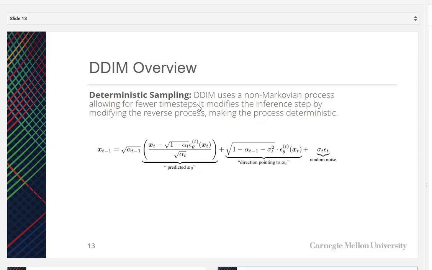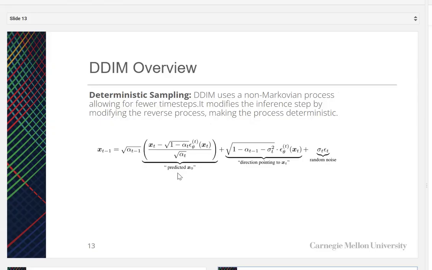So in the DDIM, we replace the random sampling with deterministic sampling. The DDIM uses a non-Markovian process, allowing for fewer time steps, where it modifies the inference step by modifying the reverse process, making this process deterministic.